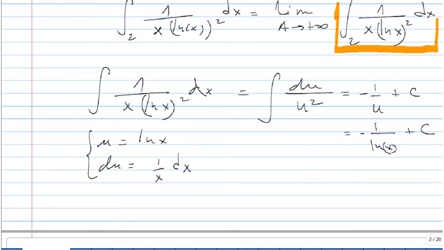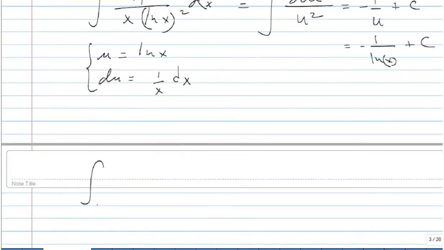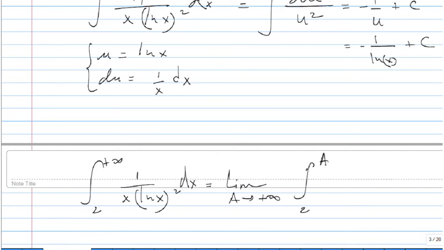So the integral from 2 to infinity of 1 over x (ln x)^2 dx equals the limit as a goes to plus infinity of the integral from 2 to a of 1 over x (ln x)^2 dx.